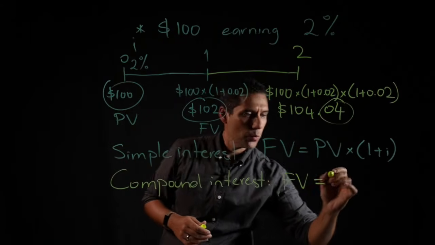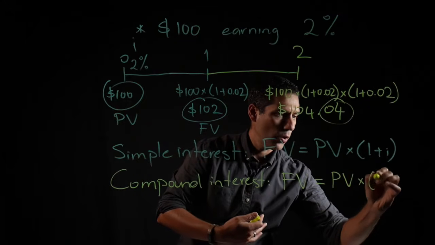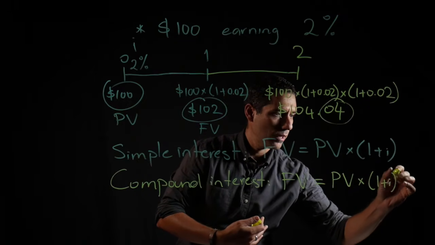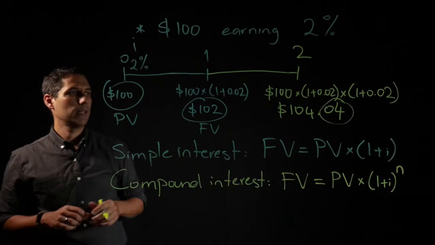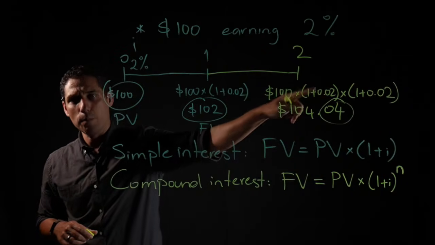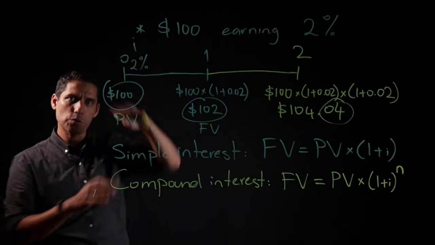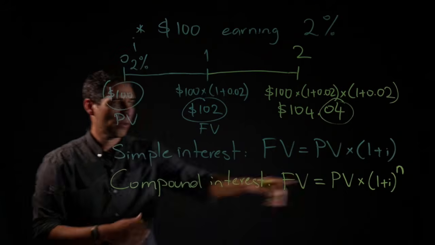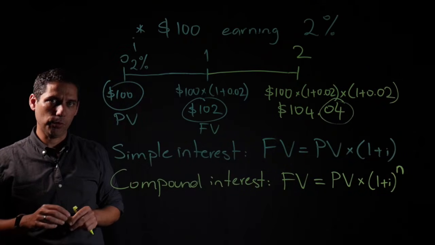The future value equals the present value, the single cash flow that's deposited, times 1 plus I to the power n. So for 2 years this is squared, 1 plus 0.02 squared. After 3 years, we're going to have 3 terms, so it's going to be cubed, and so forth. So that n enters as the exponent in that formula.